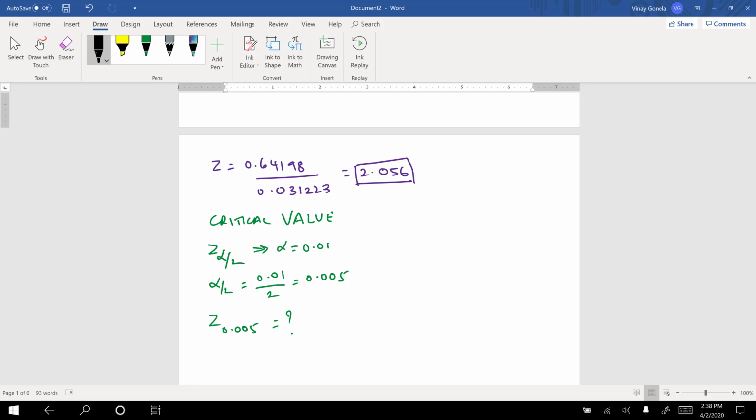If I show you this in a normal distribution curve, since it is a two-tailed problem, it will look like this.